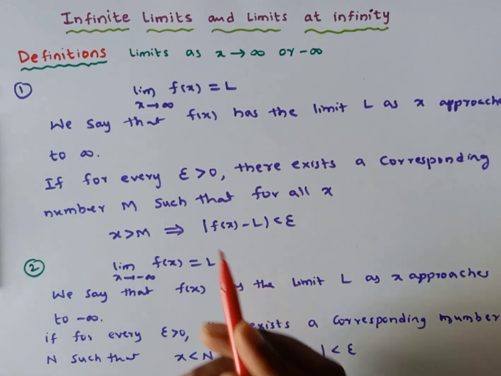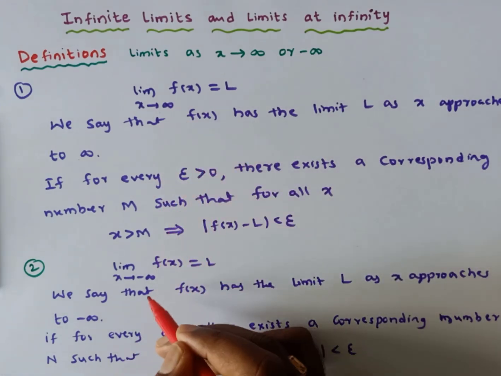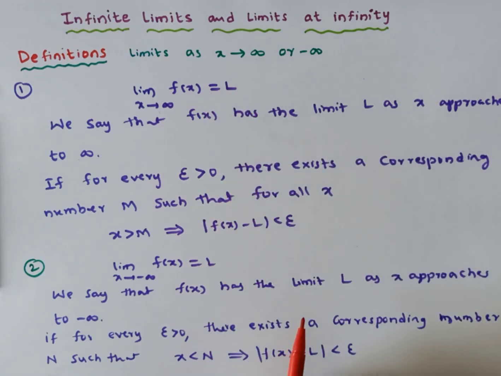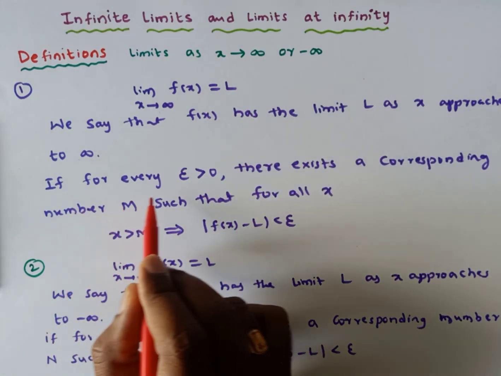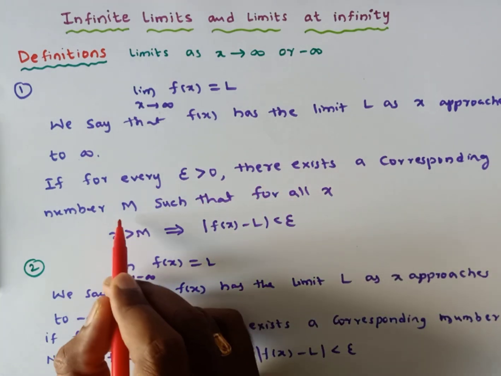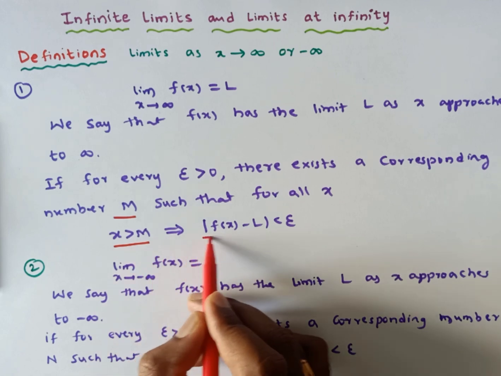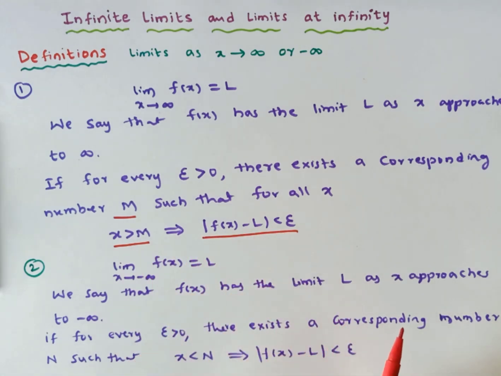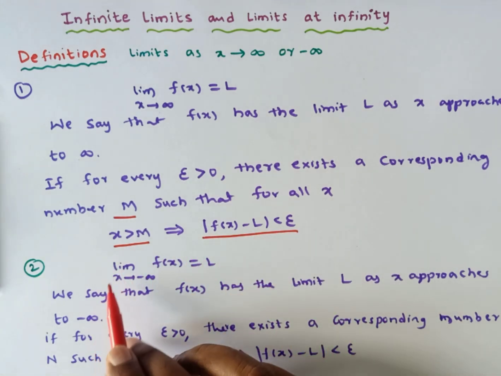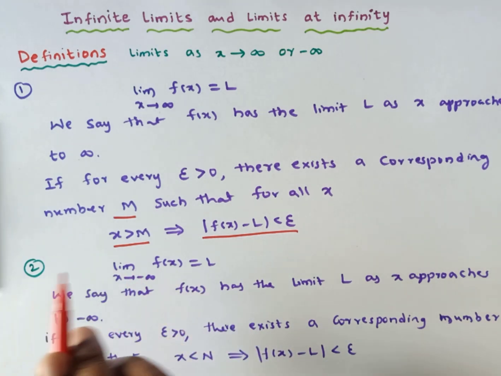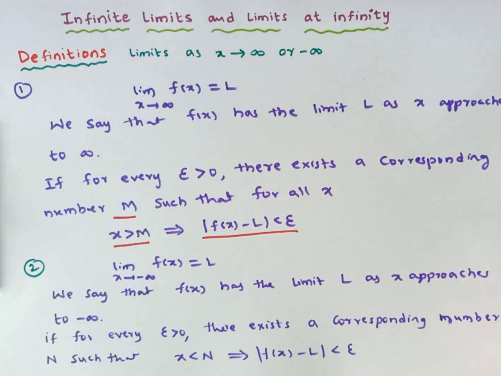See the difference, as x goes to plus infinity or minus infinity, the function value goes to a finite value L. In the formal definition, we say the corresponding number M is such that x is greater than M, mod f of x minus L is less than epsilon. Since the value of x is more than a big number M, x approaches plus infinity.